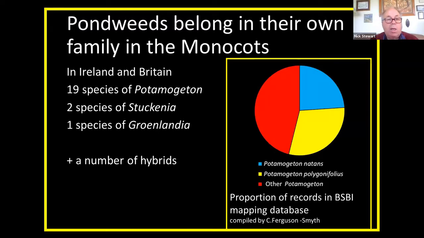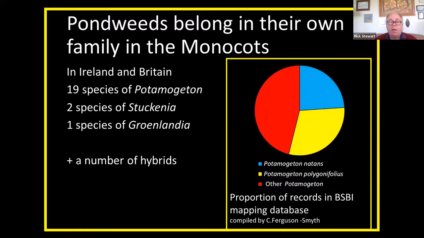Including some satellite genera, there are 22 species in Britain and Ireland. 19 of these are in Potamogeton. 2 are in a new genus called Stuckenia, but for a lot of people, we're still using Potamogeton filiformis and Potamogeton pectinatus, but I think the geneticists have decided that it should be a separate genus. And there is also one species of Groenlandia, which I'll also be talking about today.